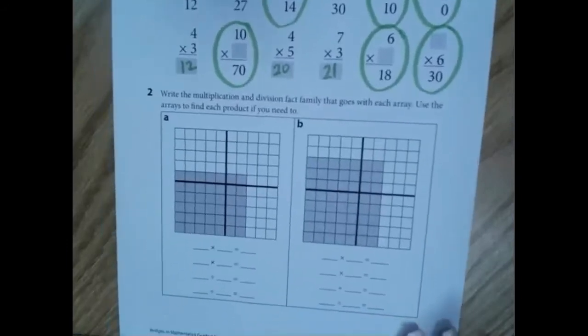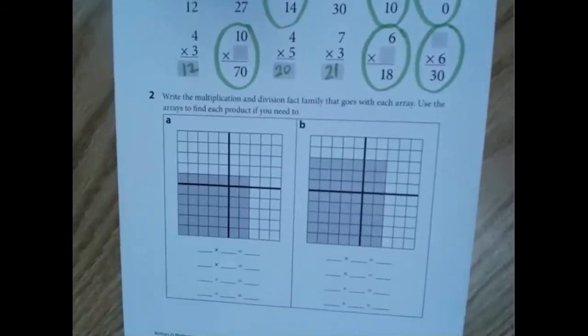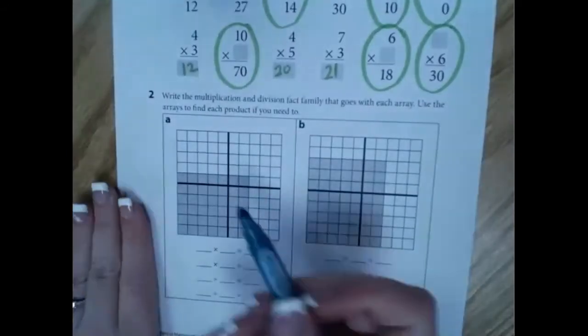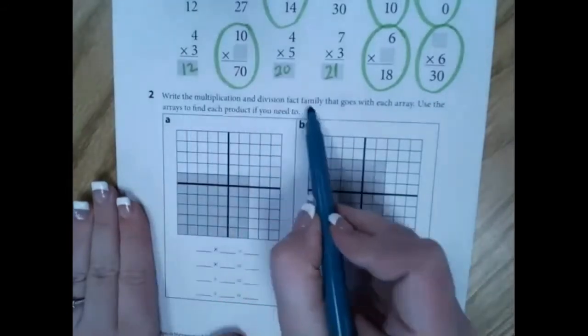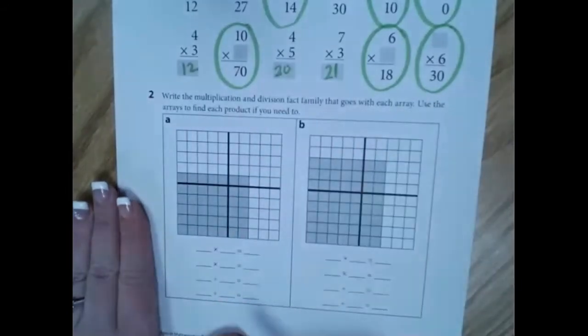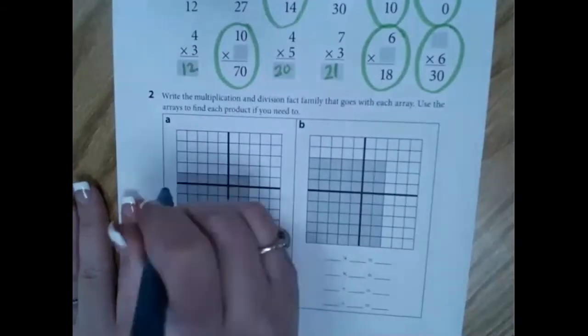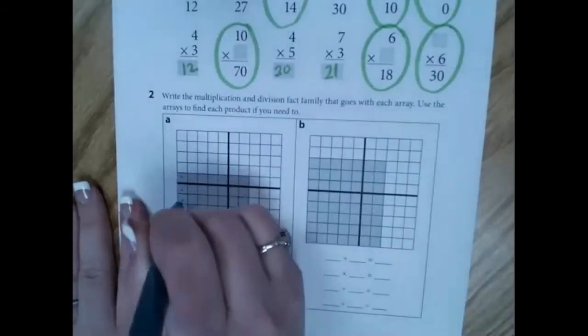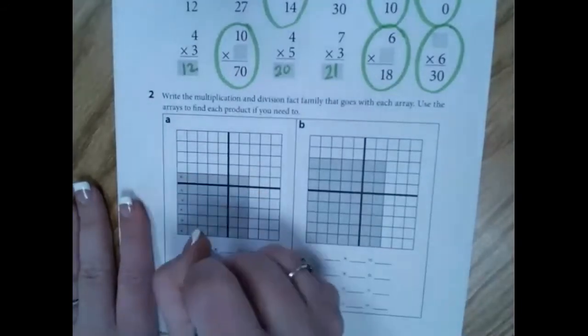Now we're going to look at these arrays in letter A and B. Take a second and look at these. It says write the multiplication and division fact family that goes with each array. So I know for arrays, I'm going to go down first. 1, 2, 3, 4, 5, 6.